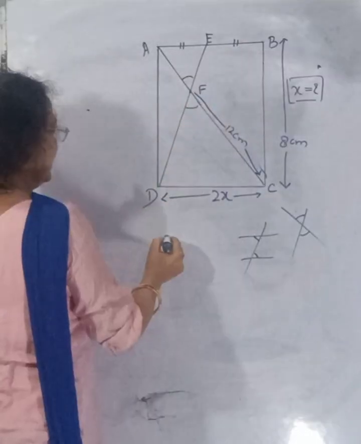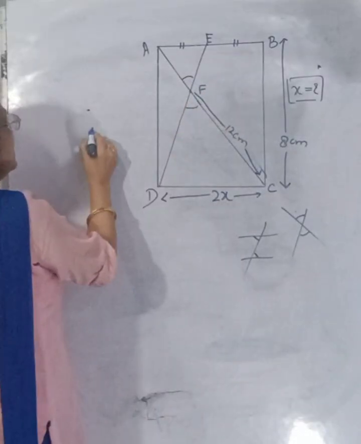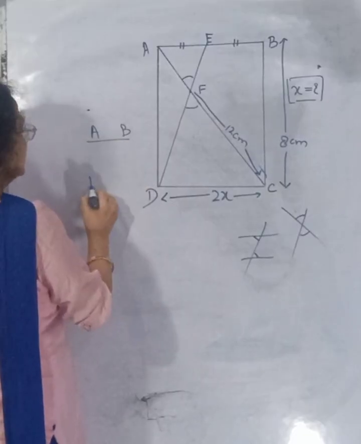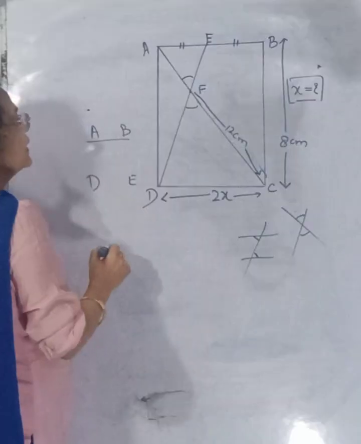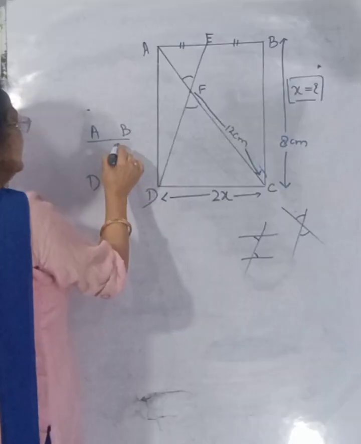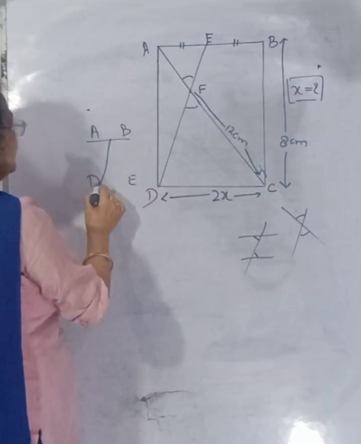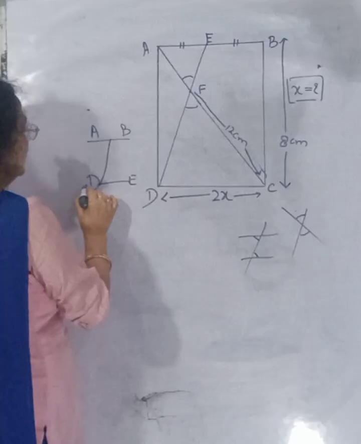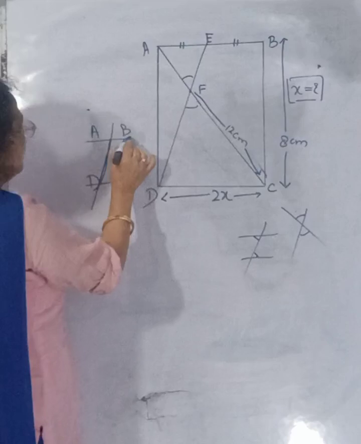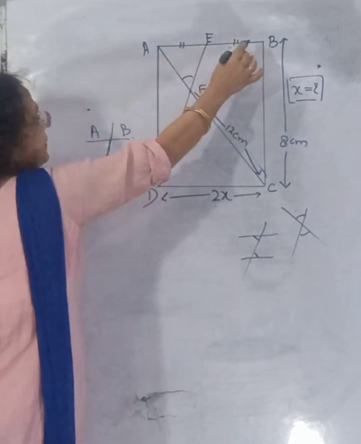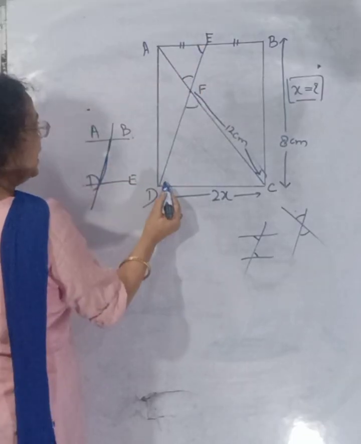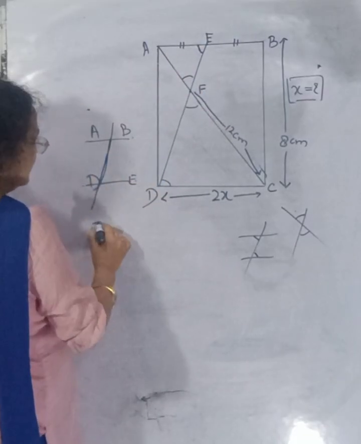In this figure we can say that AB is this line and DC is another side of the rectangle, and this ED is actually crossing both the parallel lines AB and DC, so this angle will be equal to this angle as per the Z rule.